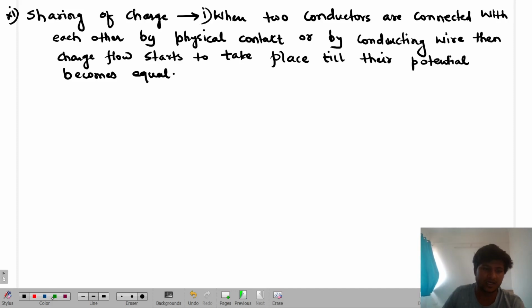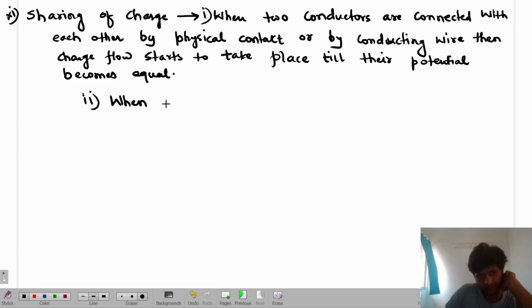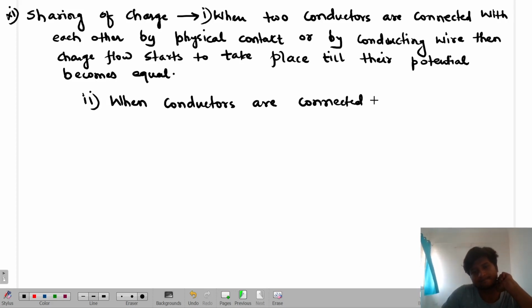First case is when we connect them physically with the help of a conducting wire, or two conductors are connected. But I can also have a conductor connected with the ground, isn't it? So the second kind of sharing of charges happens when conductors are connected with earthing basically.